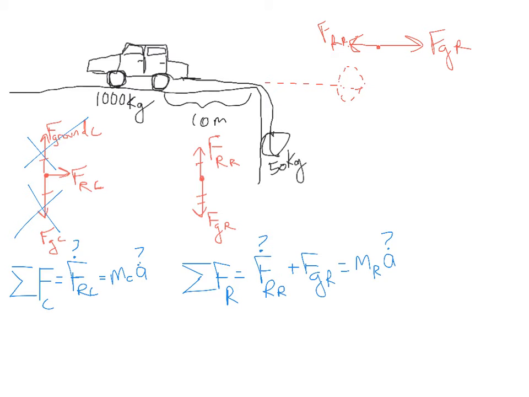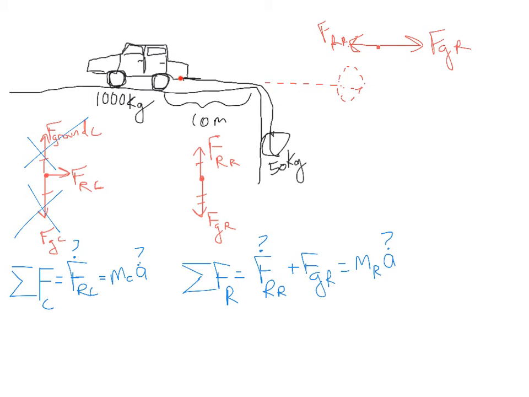So what does that mean? Well, that means the force of the rope on the rock is the same as the force of the rope on the car. It's the same amount of force. They happen to be in opposite directions.